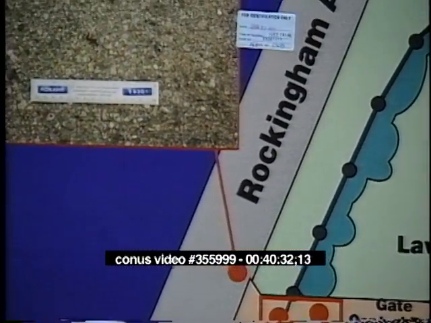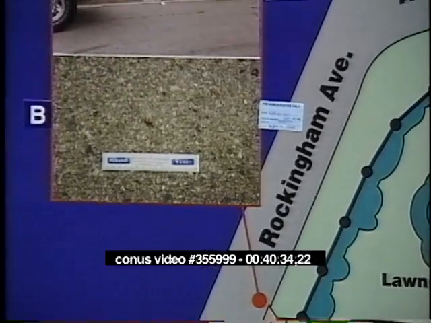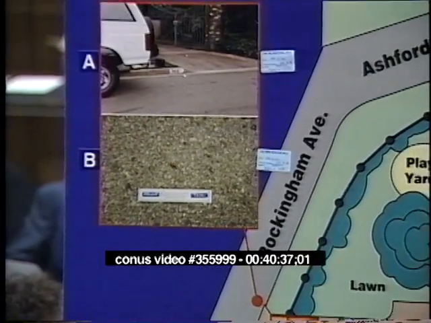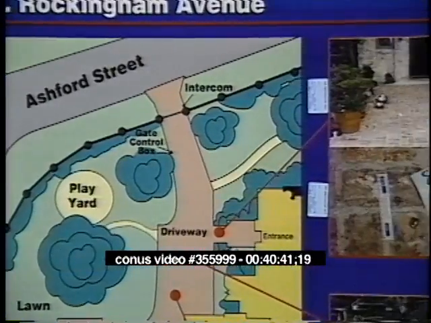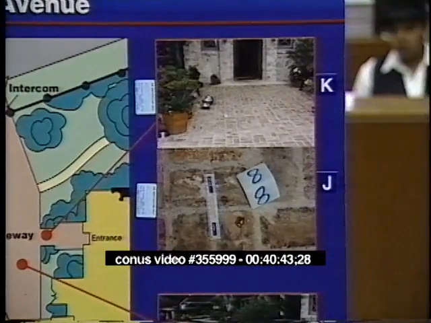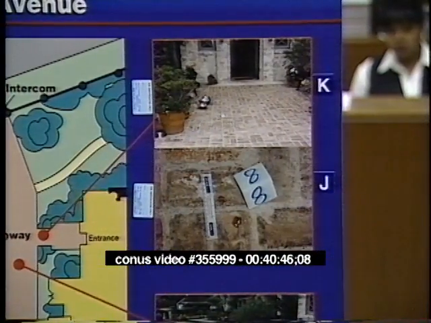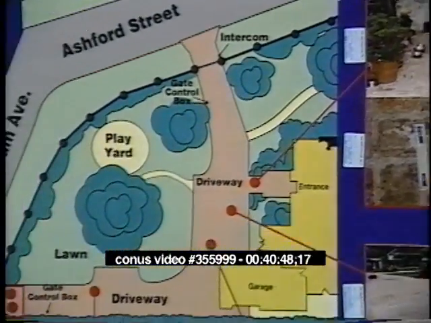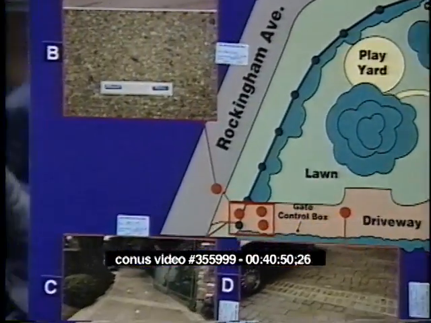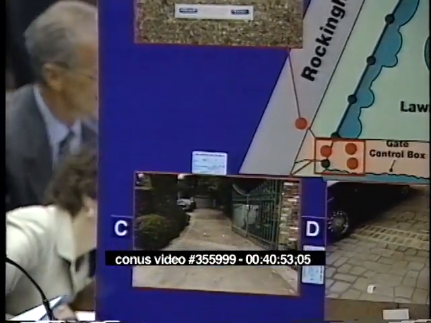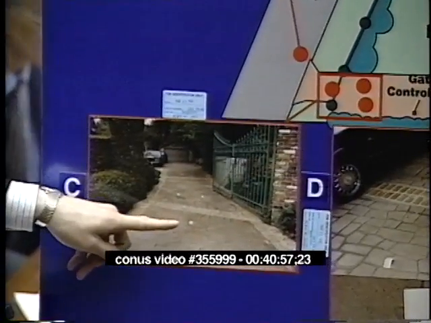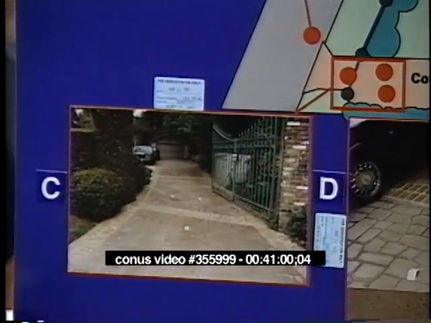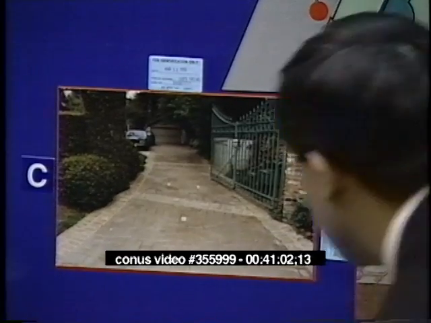Now, if you look closely at the photograph that's marked C on this diagram, I don't know if the resolution on the large one is good enough, but Mr. Fung, maybe you can take another look at the smaller photograph over here that's C. Can you actually see the numbers on the cards?